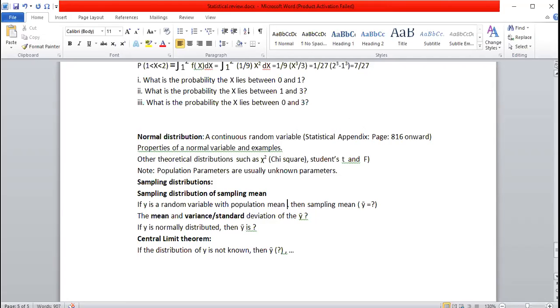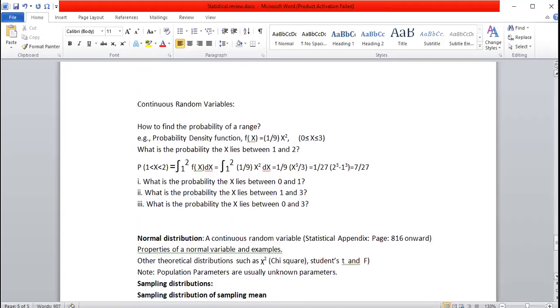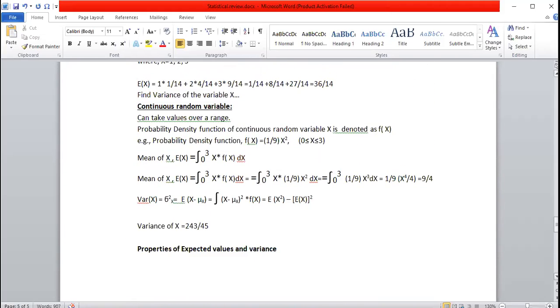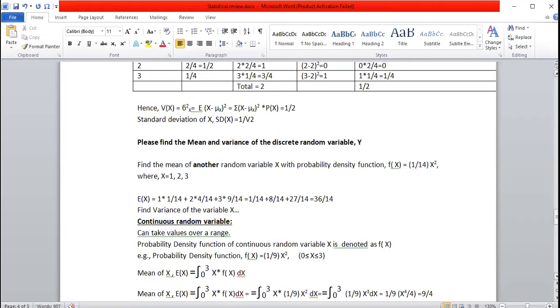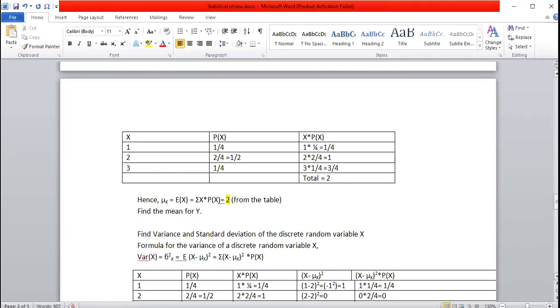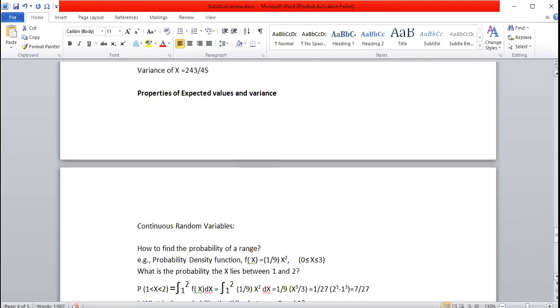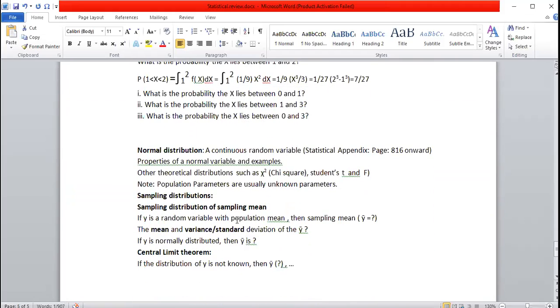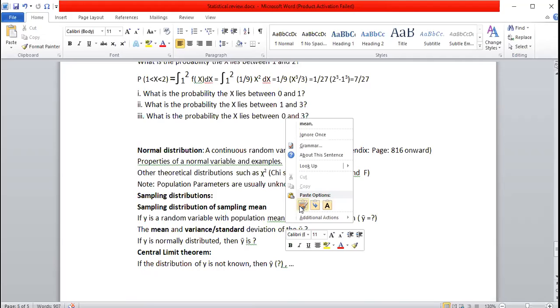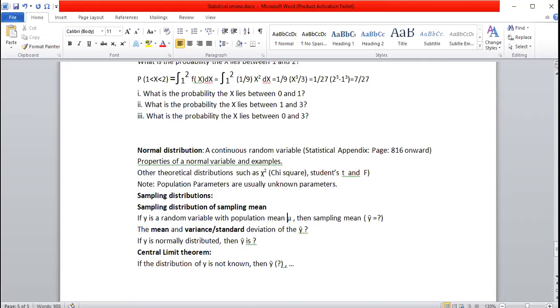I'll get mu from here. So mean mu, this is the population mean, and variance sigma square.